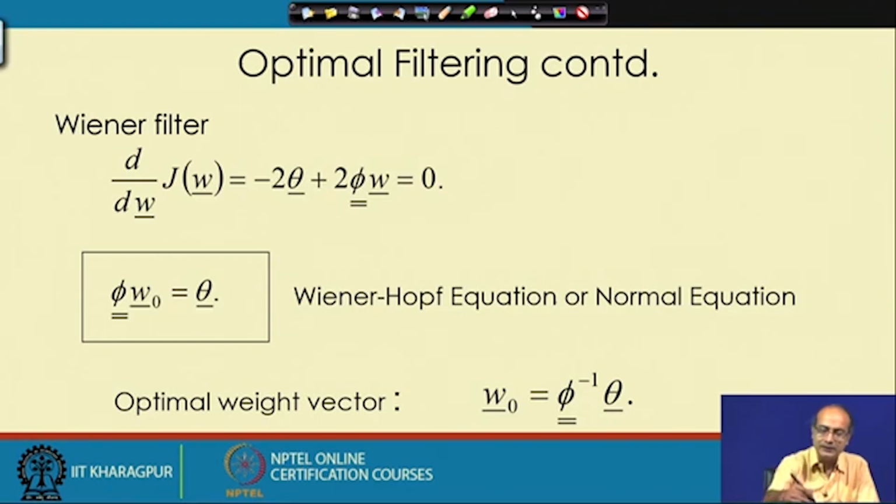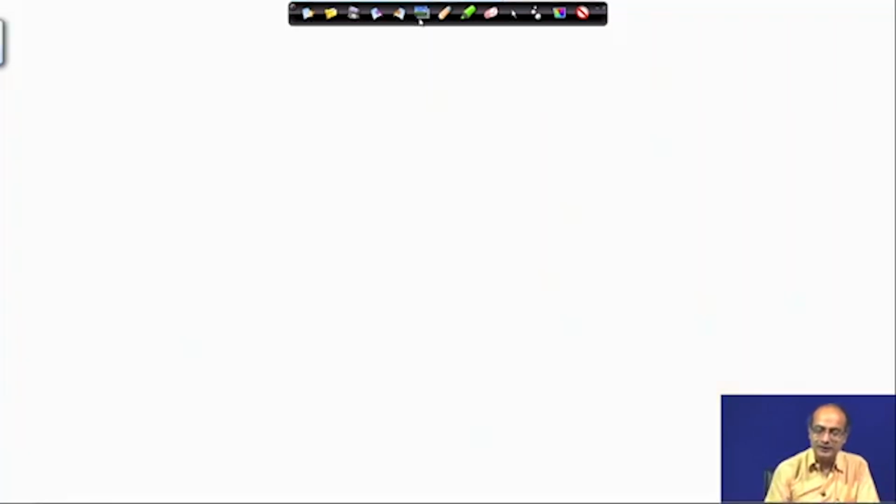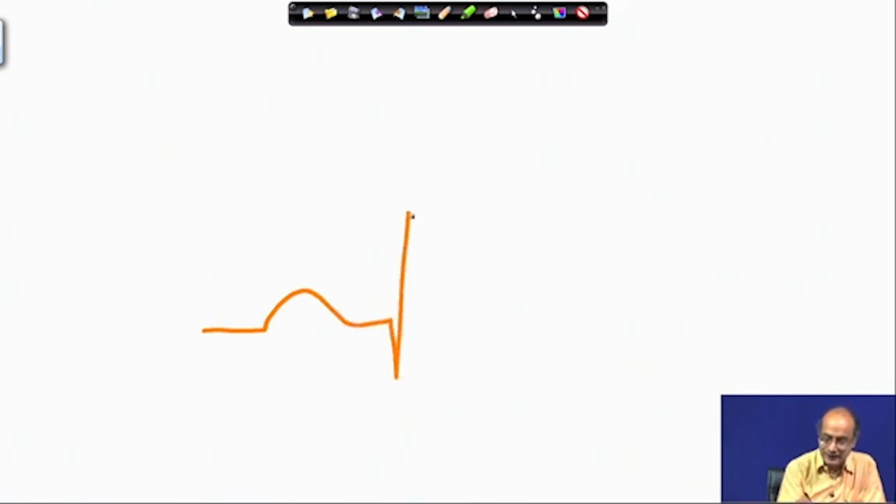Okay. Let us go back to our old example of the ECG signal. I hope we recall that the ECG signal has P, Q, R, S and T waves.